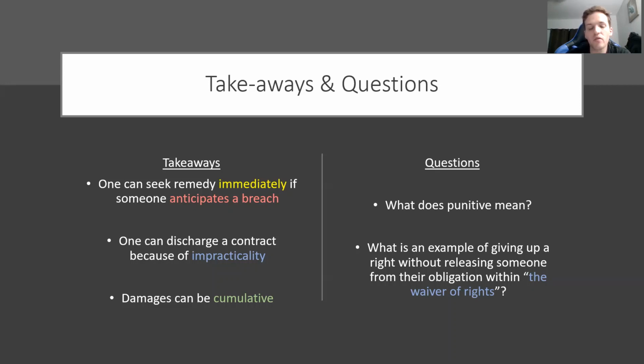So you may give them an extra few days or they accept a deduction of points from their grade. So that's an example of waiving one's rights, but keeping them within the contract.